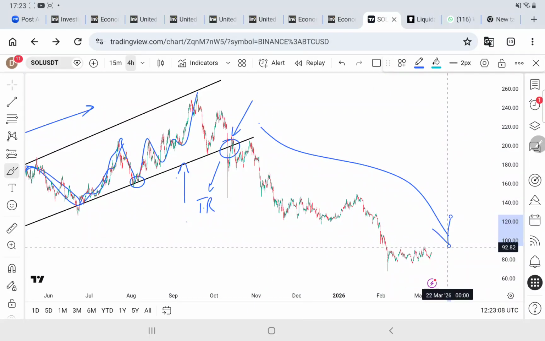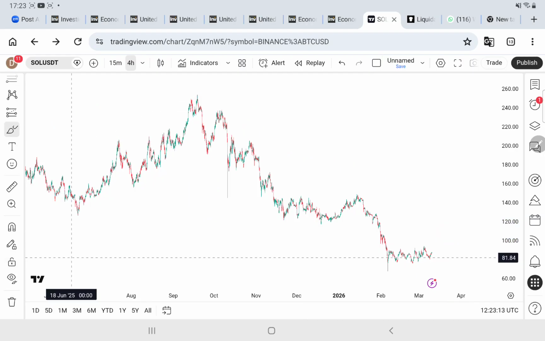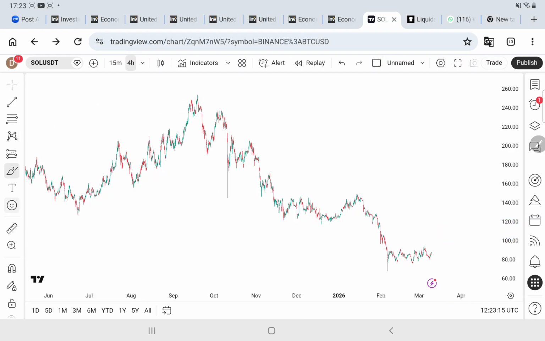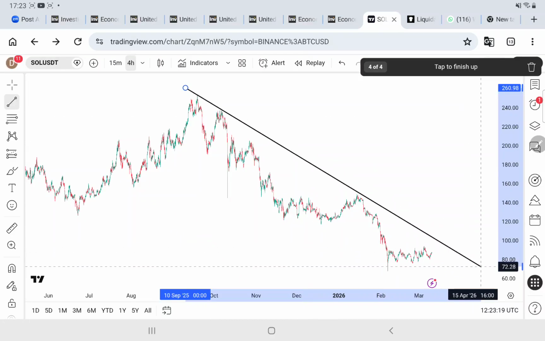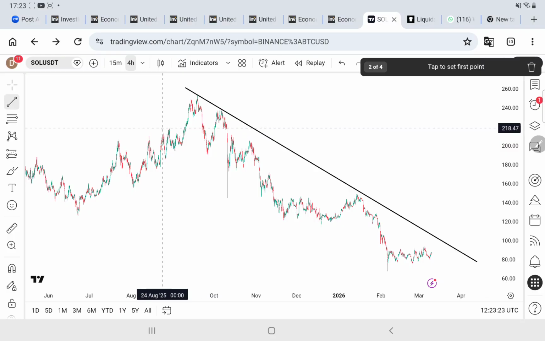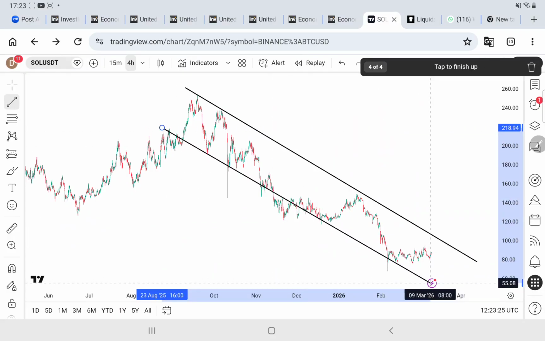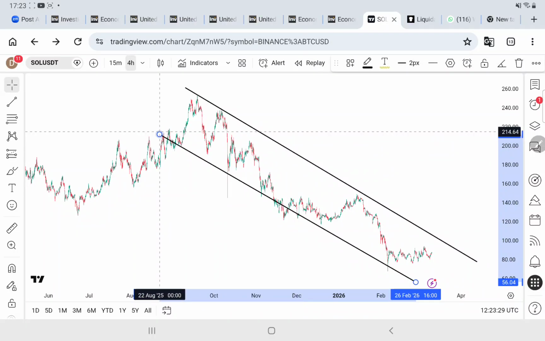Okay. Now let's do the same for the downtrend. Let's draw the similar lines for the downtrend. I'm just going to be joining the highs and the lows right over here. Is that correct? Highs and the lows we've joined. Can you see something very beautifully?